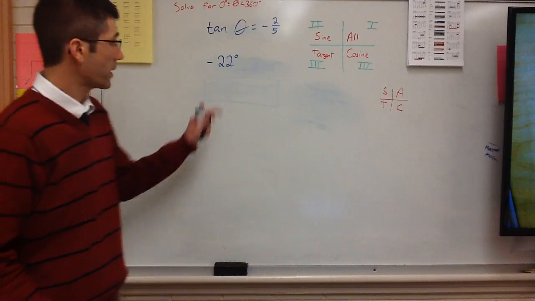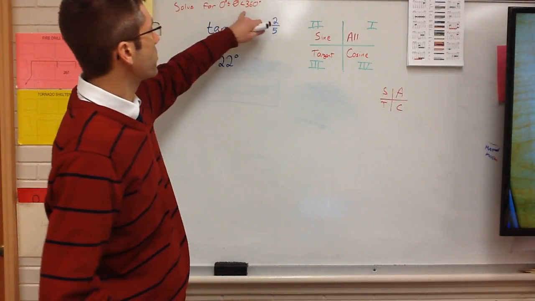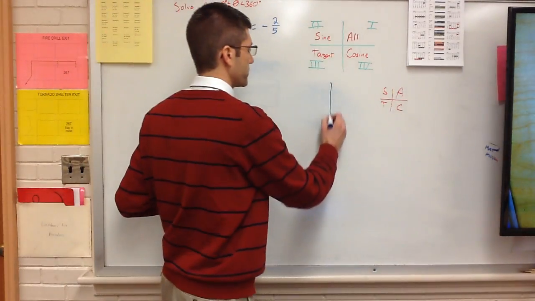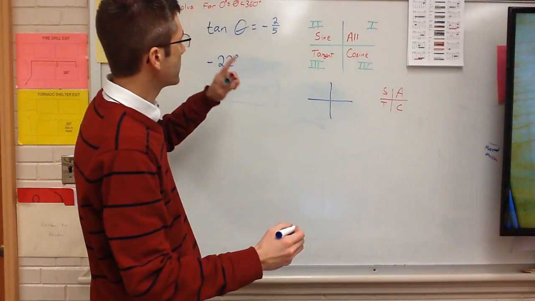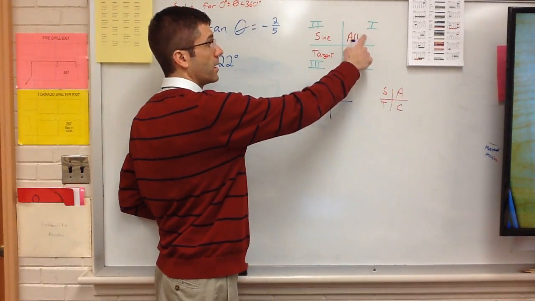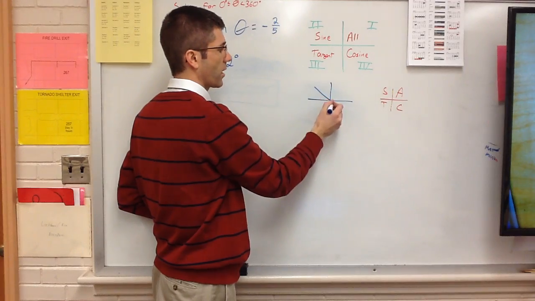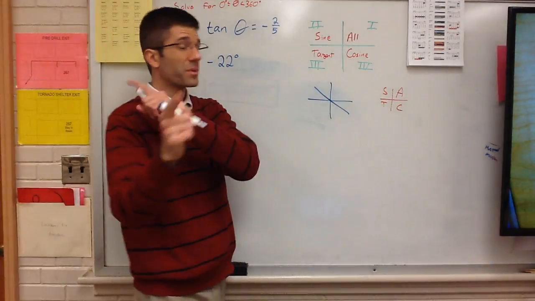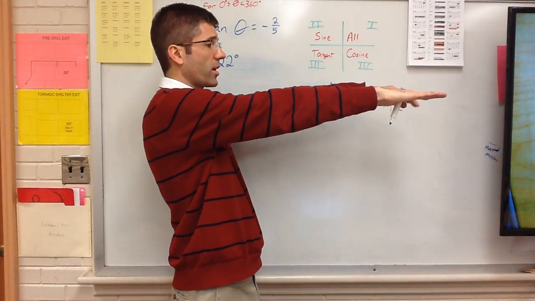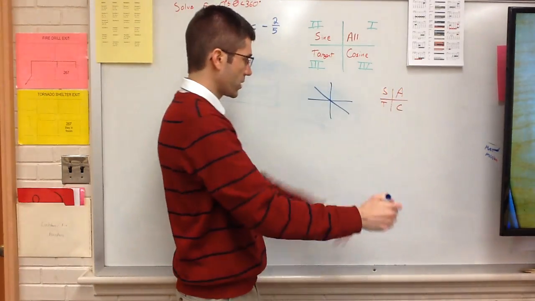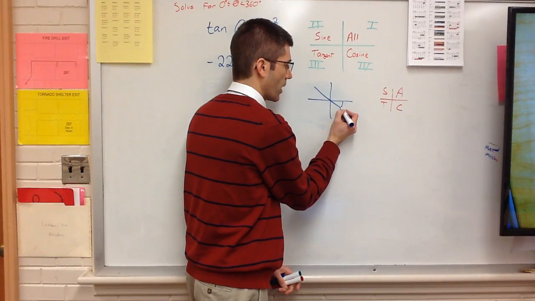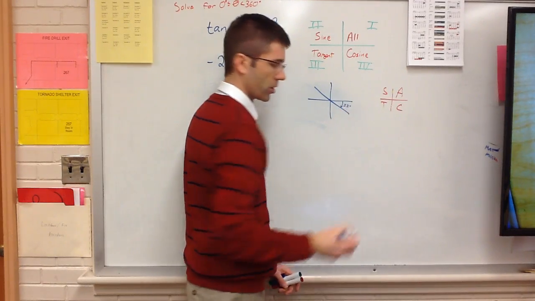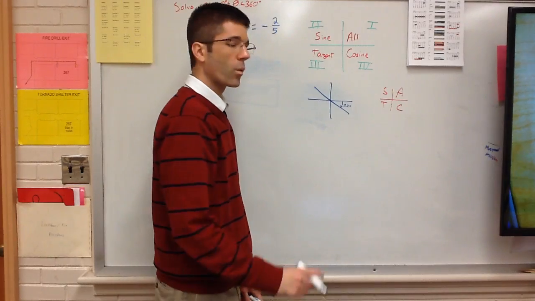Great. Actually, not great. It doesn't fall within our constraints. So, tangent is negative. Not here, but it is here and here. And we found that it's negative 22 degrees, which tells me this. A negative 22 degree angle would start here and go down 22. It would go clockwise 22 degrees. Thought it was negative. Yeah, fine, whatever. We're dealing with distance here.